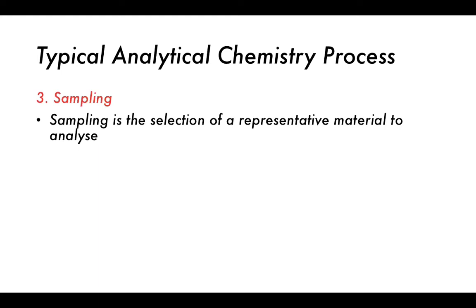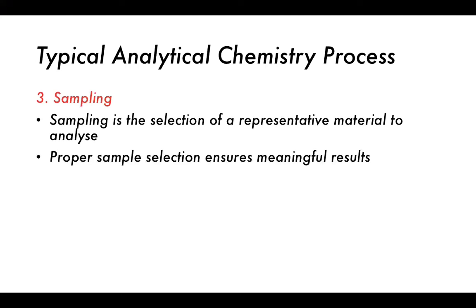It's important that this does in fact represent the overall total of the material, that if we take a little bit of it, it still acts and behaves in the same way as the bulk. Proper sample selection ensures meaningful results, because if we don't choose our samples correctly, we'll effectively get meaningless results at the end. And so our whole process will have been pointless, will have wasted time and resources.